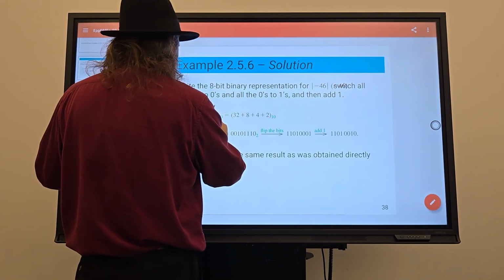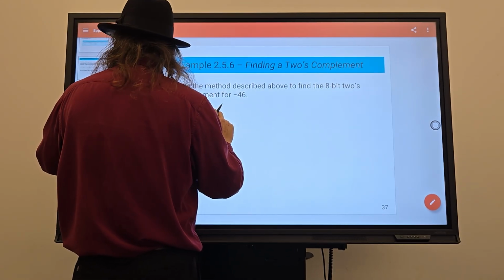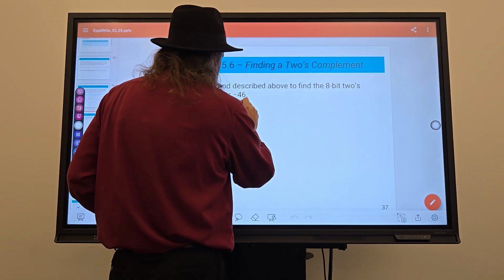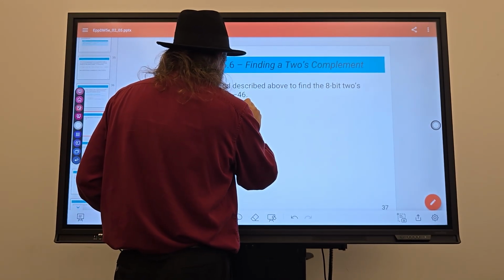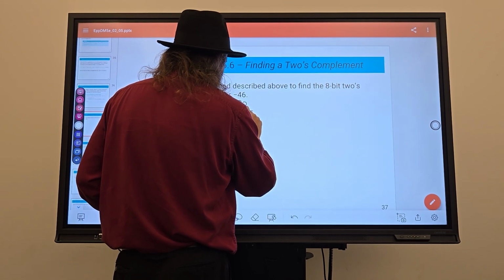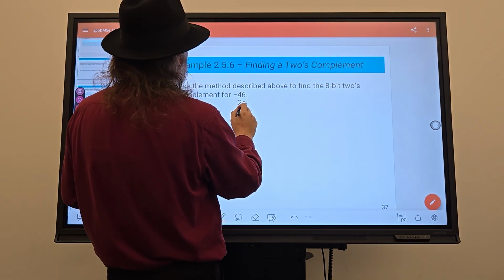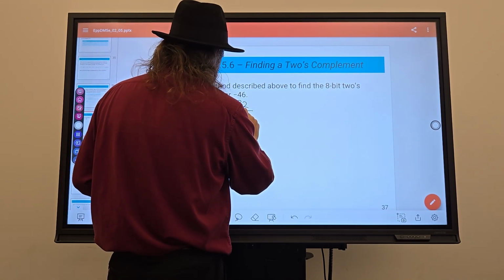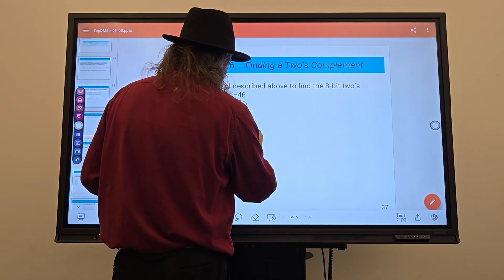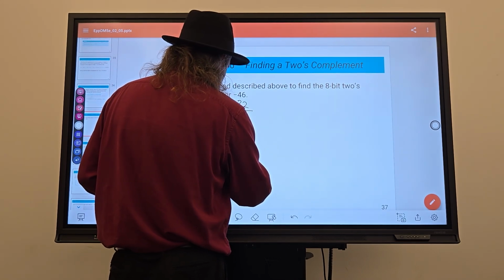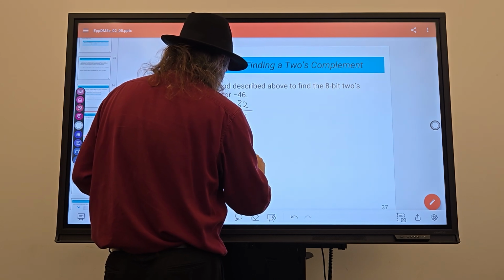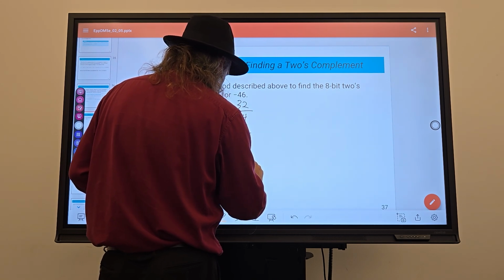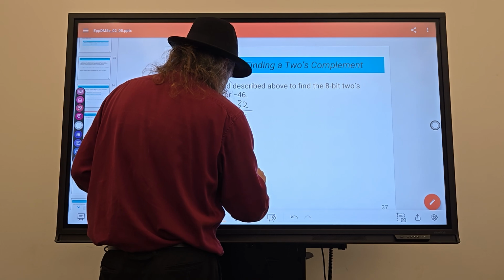So that's 46 minus 32, which is 14, minus 8 is 6, minus 4 is 2, minus 2 is 0.